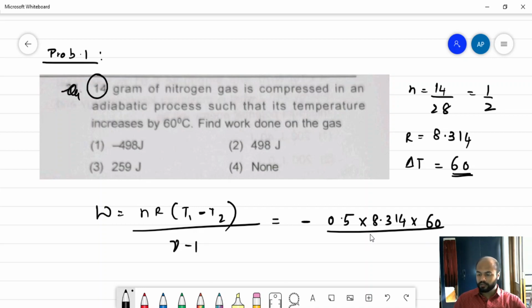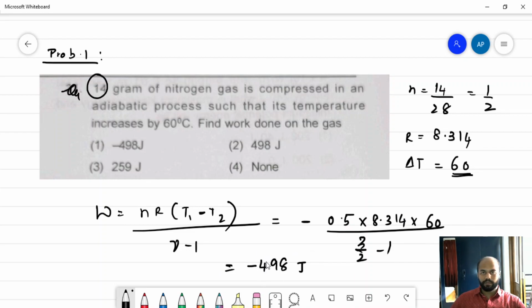Now nitrogen is a diatomic gas, so gamma value would be taken as 3 by 2, so 3 by 2 minus 1. So overall when we calculate this, the answer that we get is minus 498 joules. So that is the work done in compression.